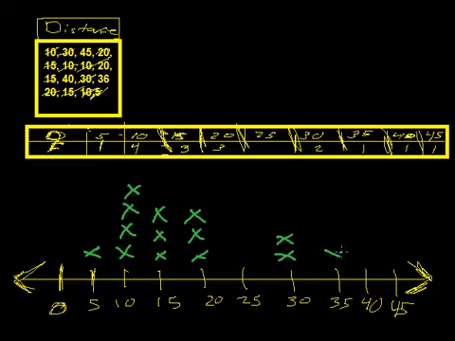Then 35 through 45 each have 1 X. All right.